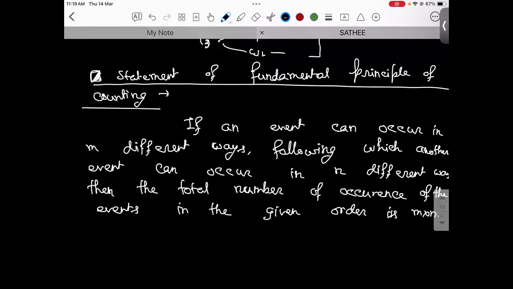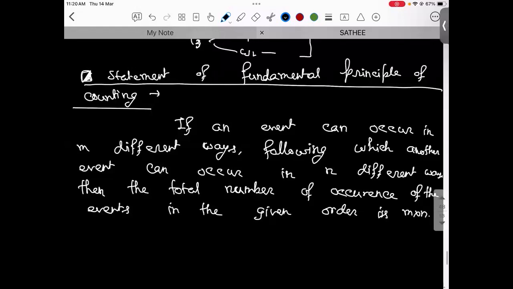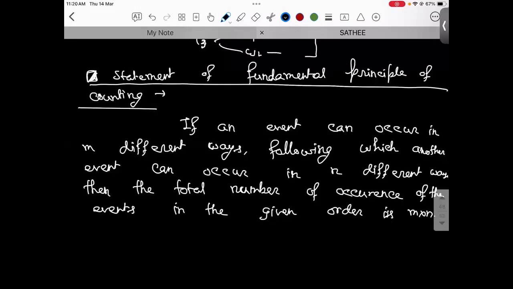Okay, what is the statement? It says that if an event can occur in m different ways, and following that event, another event can occur in n different ways, then the total number of occurrences of events in the given order is m cross n, or mn.